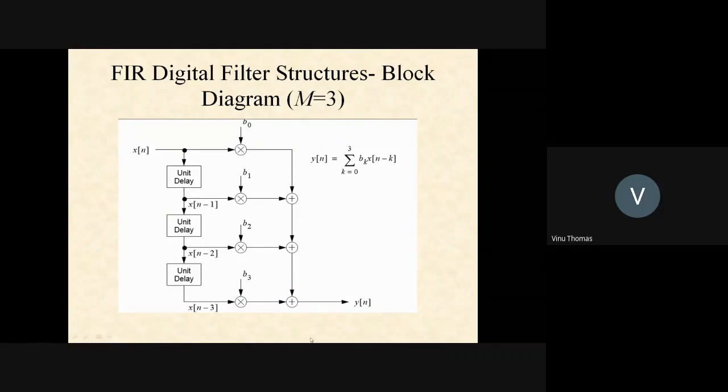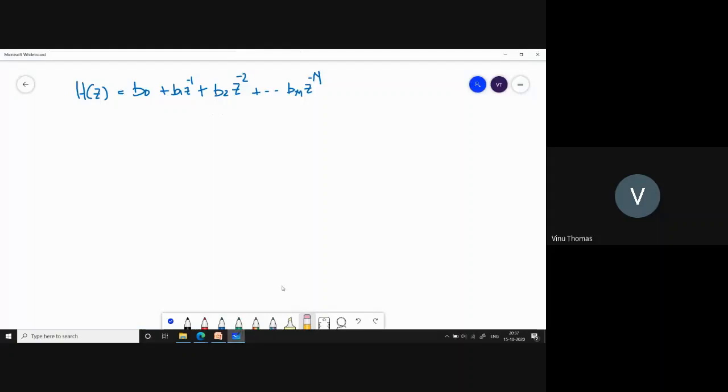Let me take this example and look at a block diagram representation. We have a filter H of Z equal to V0 plus V1 Z raised to minus 1 plus V2 Z raised to minus 2 plus V3 Z raised to minus 3.